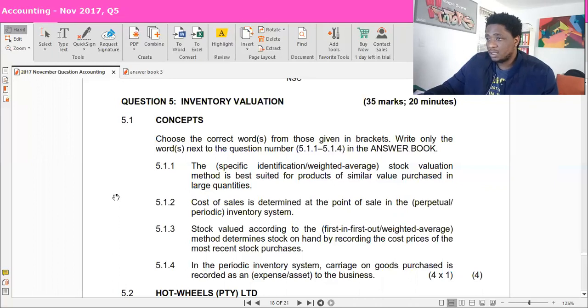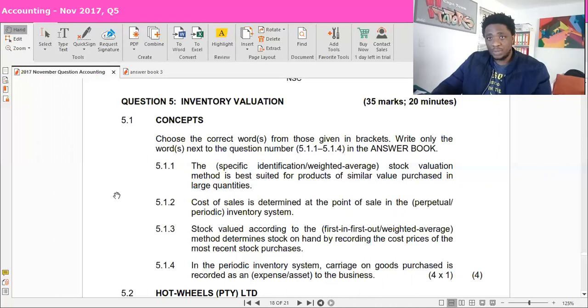And then they say in the periodic inventory system, carriage on goods purchased is recorded as an expense or an asset to the business. So as we said, when you're dealing with the periodic inventory system, when you calculate cost of sales, you say opening stock plus purchases plus carriage on purchases, and then you subtract the closing stock.